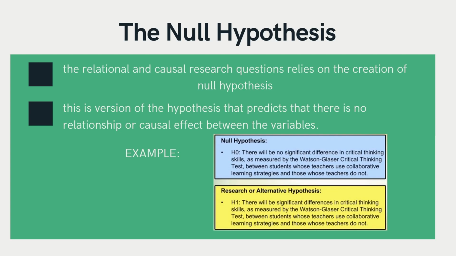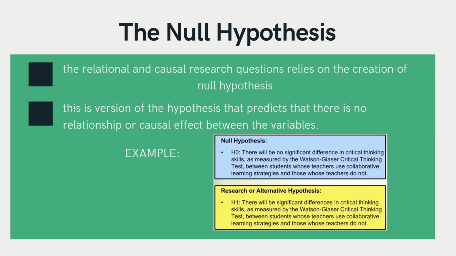You also have what you call a research alternative hypothesis. Under this, there will be significant differences in critical thinking skills as measured by the Watson-Glaser Critical Thinking Test. So this is the alternative. Once the null hypothesis is not accepted, or it's rejected, then you can use the alternative hypothesis.